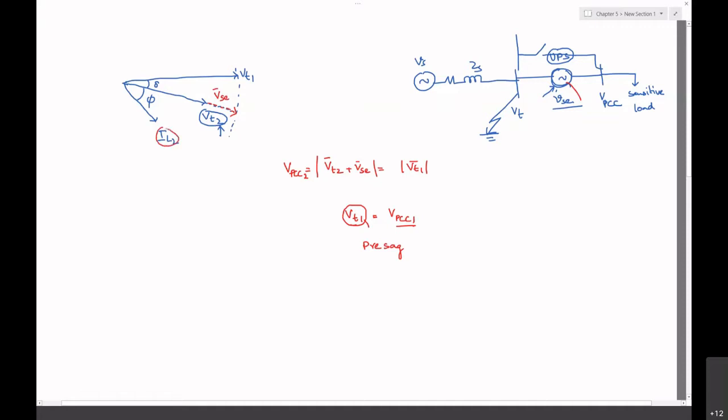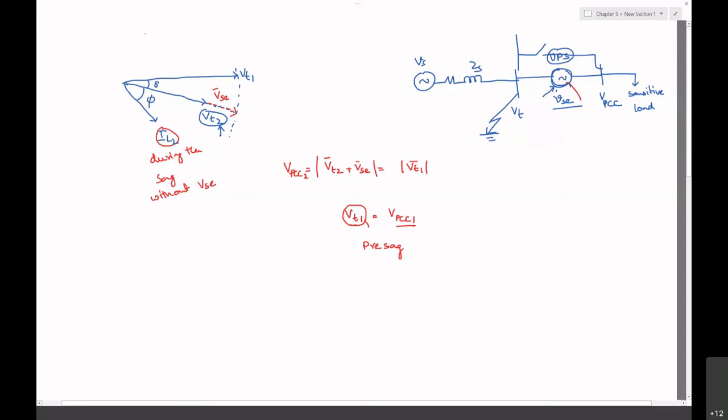This current is during the sag, without VSC, that is, without the series device.